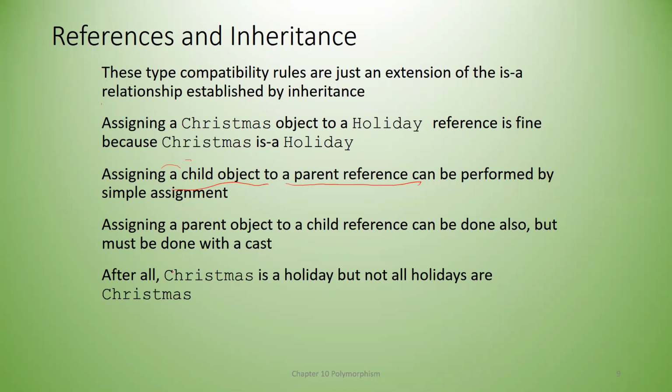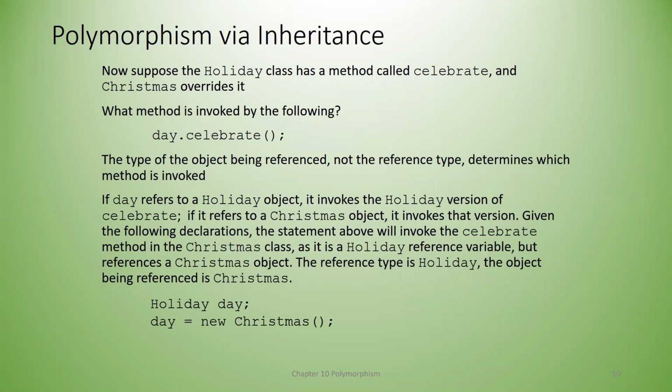Simple assignment. Assigning a parent object to a child reference can be done also, but you have to cast it, and we will talk about that. After all, Christmas is a holiday, but not all holidays are Christmas, right? Superset, subset.